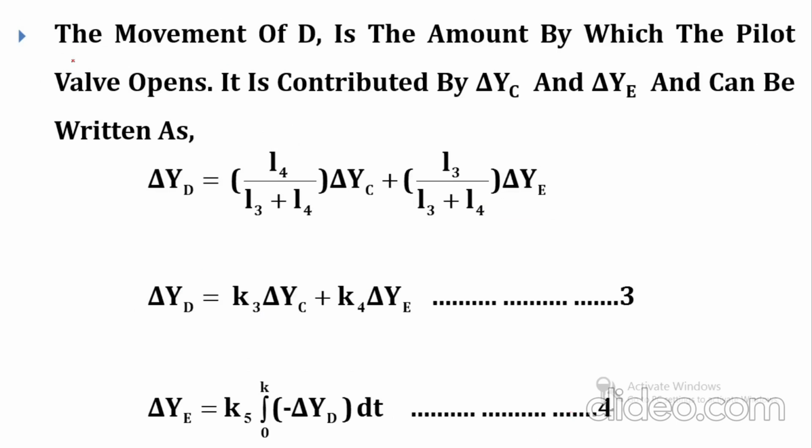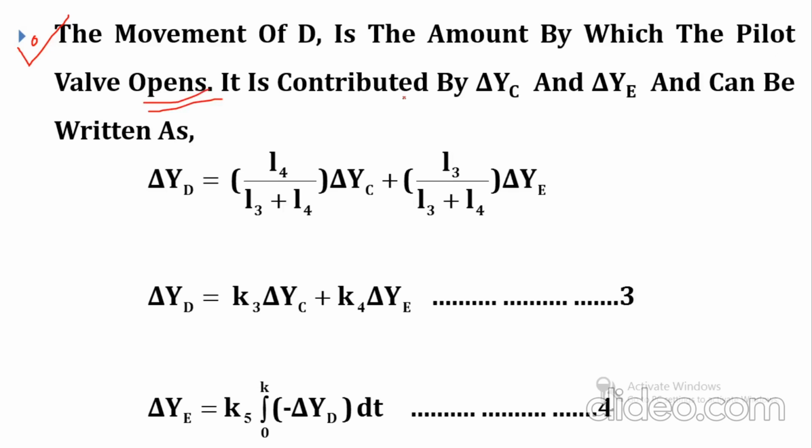Now consider the point D, the movement of point D, that is the amount by which the pilot valve opens. Clear? At point D, the net effect is proportional to the pilot valve opening.